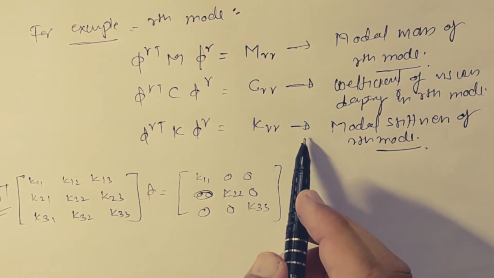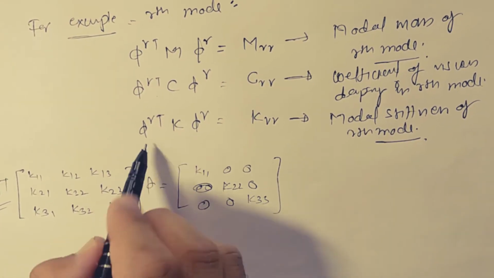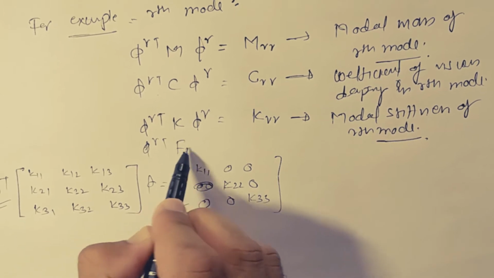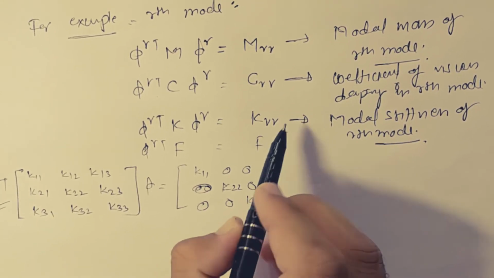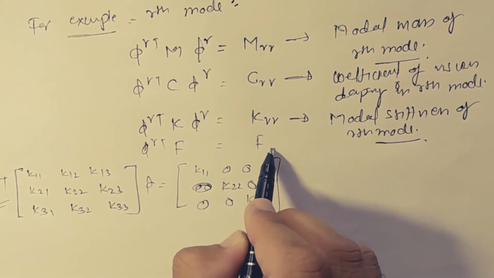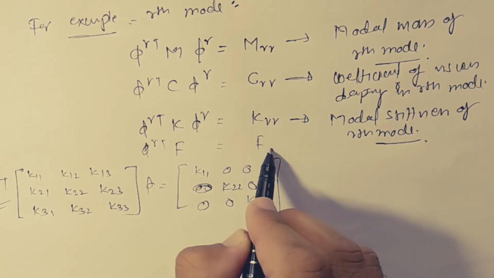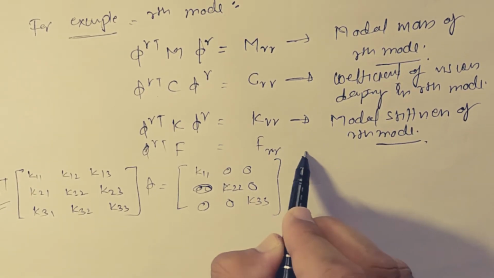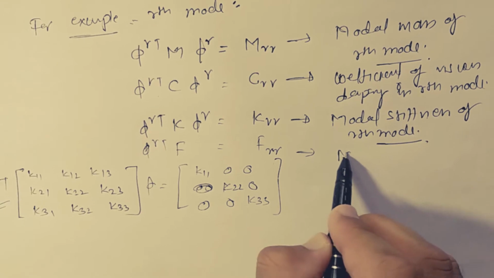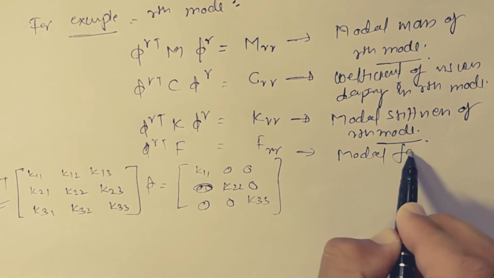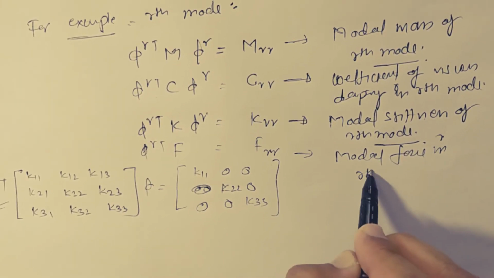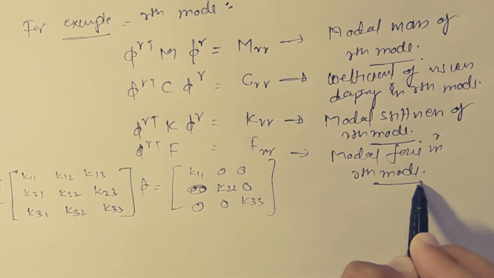shapes. And phi r transpose F becomes FRR, and this is the modal force in the rth mode.